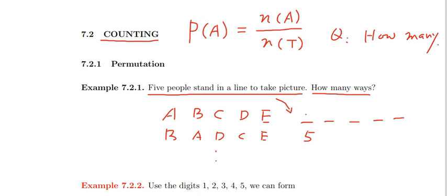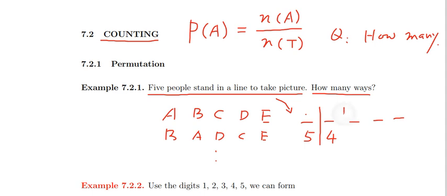Okay, so once we put the first position, then check the second position. By now we have 4 people, right? So from the 4 people we pick one to sit in the second position, second chair. So how many ways? We can pick this guy, so we have 4 ways, right?